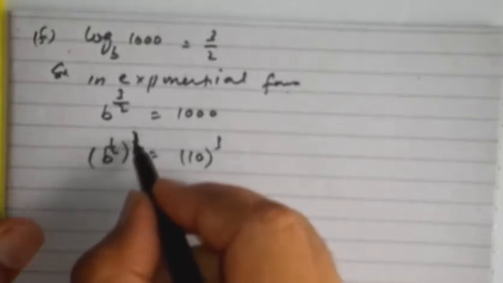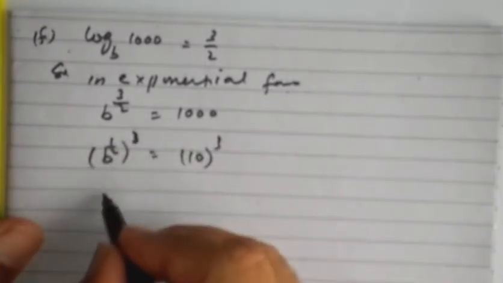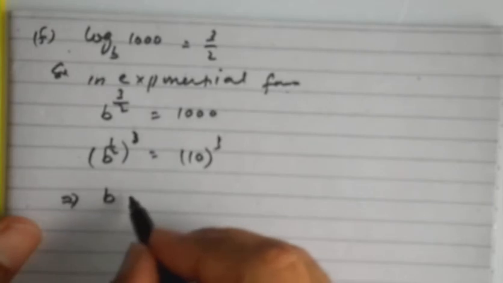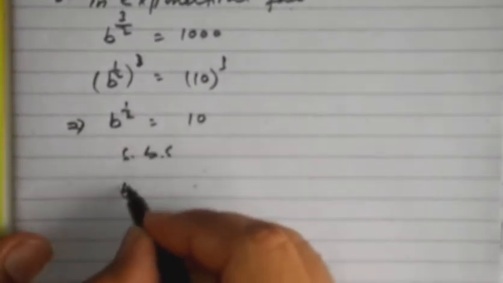Now look, the exponents are the same, so it implies that b whole raised to power 1 by 2 equals 10. Squaring both sides, we get b whole raised to power 1 by 2 whole square equals 10 square. This 2 cancels with 2, which gives b equals 100 is the answer.